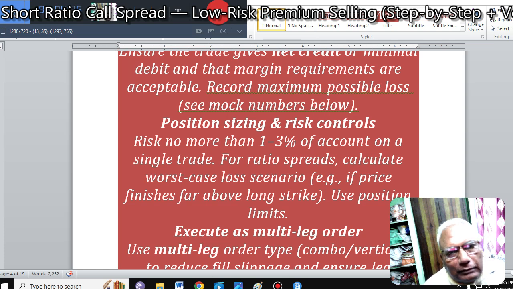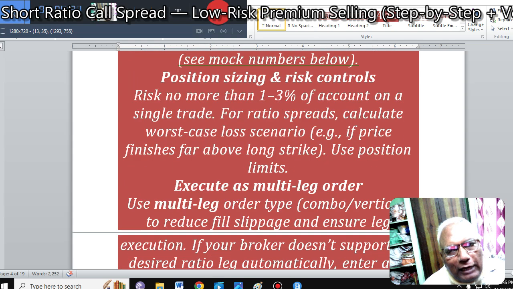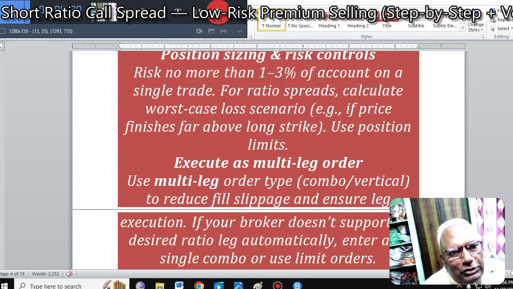Position sizing and risk controls. Risk no more than 1 to 3% of your account on a single ratio spread trade. Calculate the worst-case loss scenario, for example if price finishes far above the long strike, and use position limits.